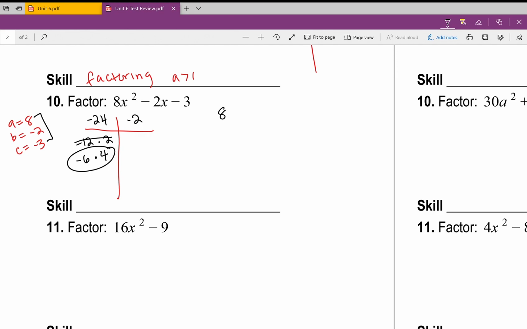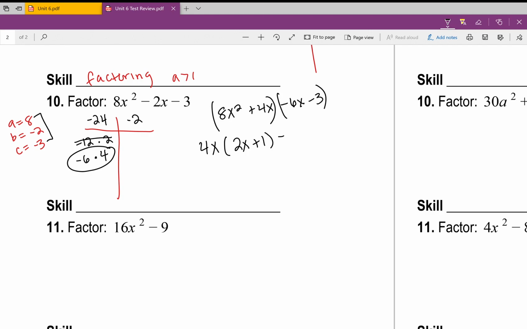So then I have 8x squared plus 4x minus 6x minus 3. I do my parentheses, do my factors. The number that can go into 8 and 4 is 4x. 8x squared divided by 4x is 2x. 4x divided by 4x is 1.